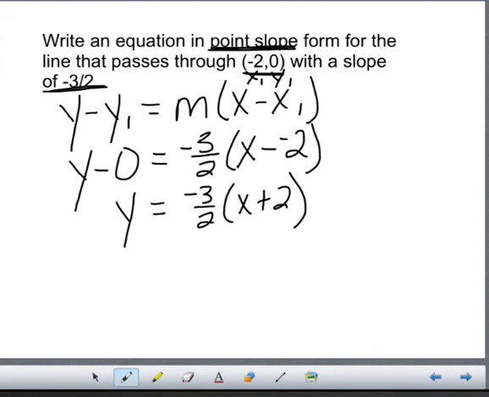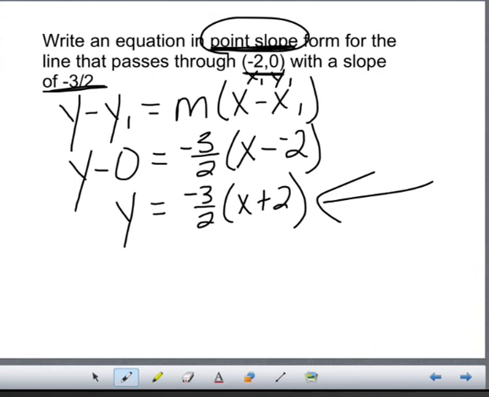Do I have to go on and do my distributive property and all that? No, because it told me to write it in point slope form, and that is point slope form. I just didn't have my y minus anything because it was minus 0. If you want to put the y minus 0 on there, that's fine, although you really don't need it because y minus 0 is just y.